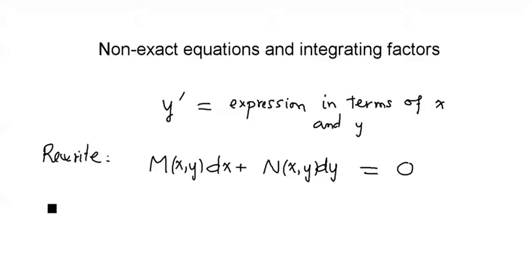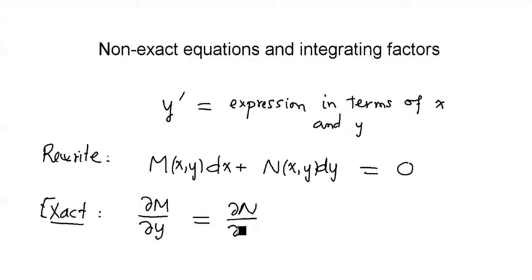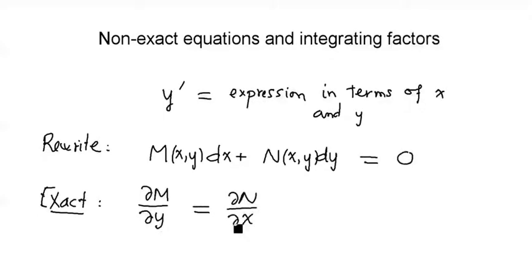So when we check for exactness, let me recall here, exact is when partial M partial y equals partial N partial x.